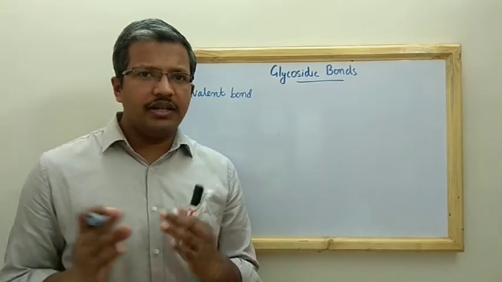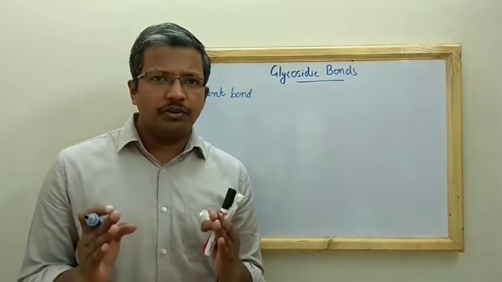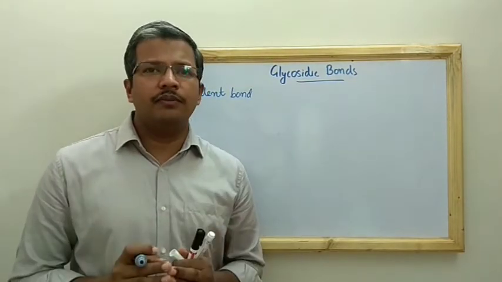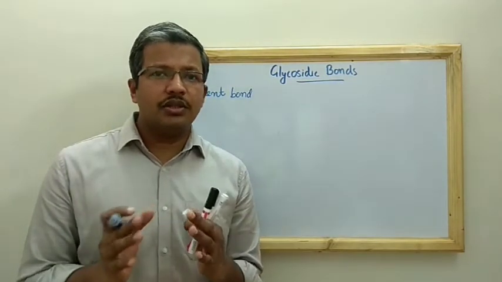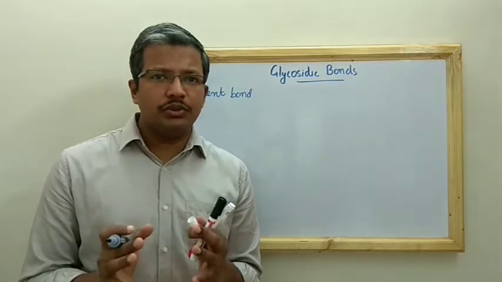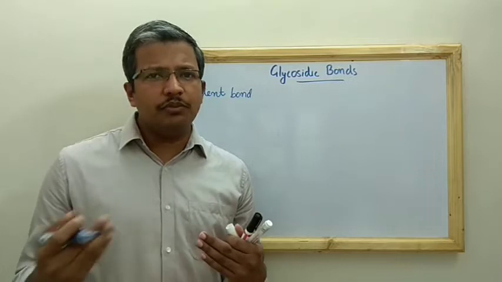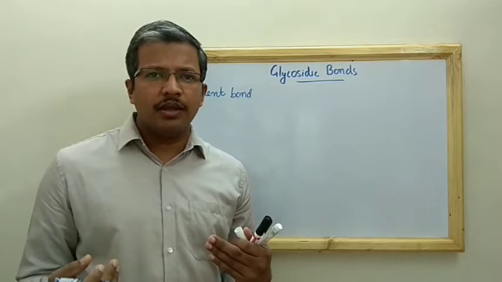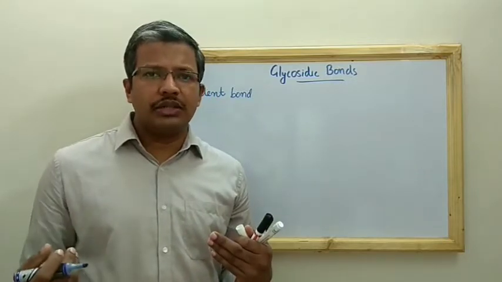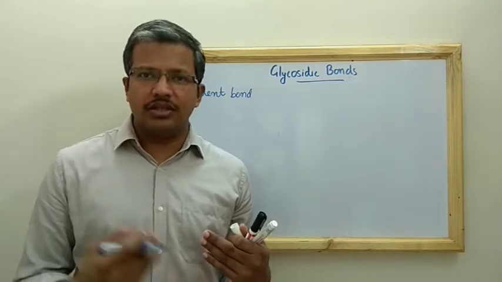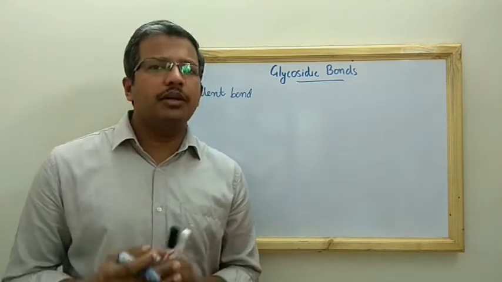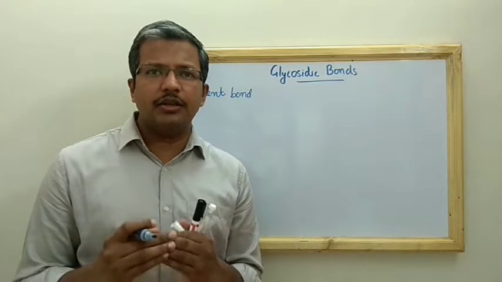So we can define it like this: glycosidic bonds are the covalent bonds using which carbohydrate molecules link themselves or with other molecules to form oligosaccharides, polysaccharides or carbohydrate derivatives.